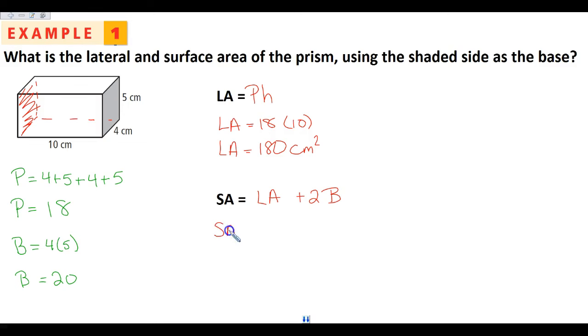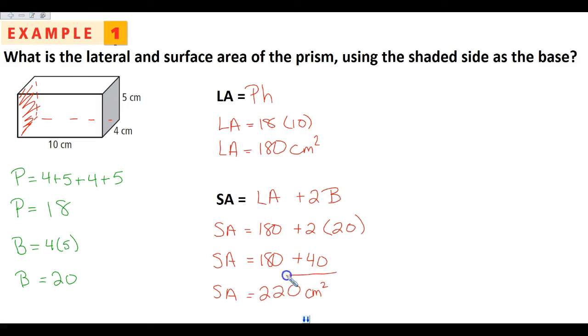My surface area is my lateral area, which is 180, plus 2 times the area of the base, which is 20. So this is 180 plus 40, so my surface area is 220. And again, it's area, so it's centimeters squared. So there's how we find our lateral and our surface area.